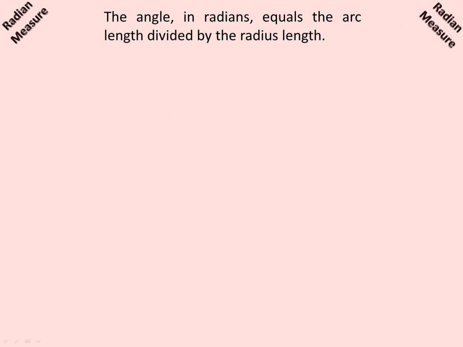Further to this, the angle in radians is equal to the arc length divided by the radius length. So let's have a look at a relationship between radians and degrees. There's an angle of 360 degrees. There's an arc length of 2 pi r, being the circumference of a circle.